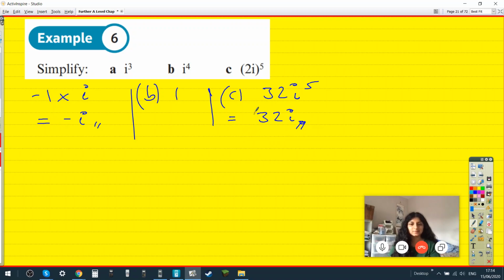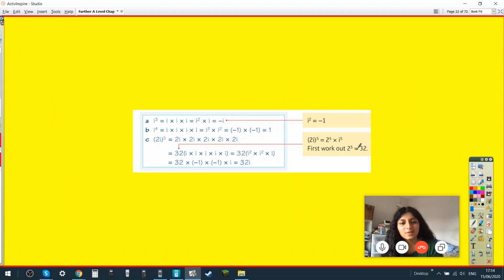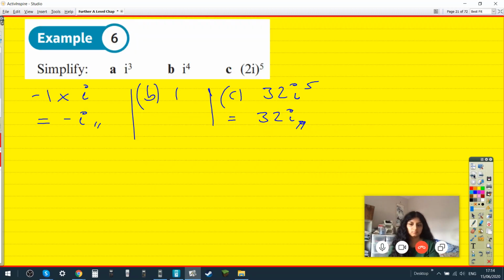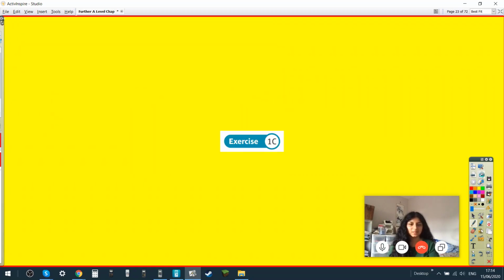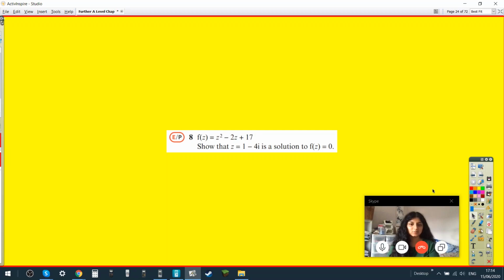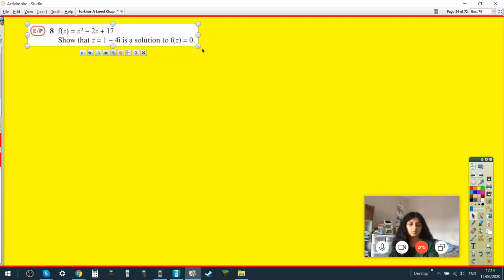Maybe minus i or minus 1, so it kind of swaps. A bit confusing, but it's not that bad. 32i, minus i, and 1. Any questions? No, it's a bit confusing, but it's not that bad.